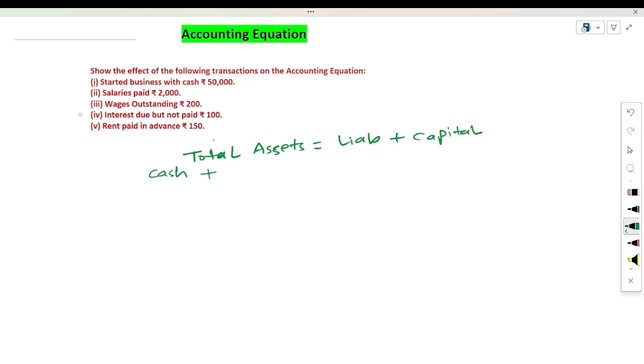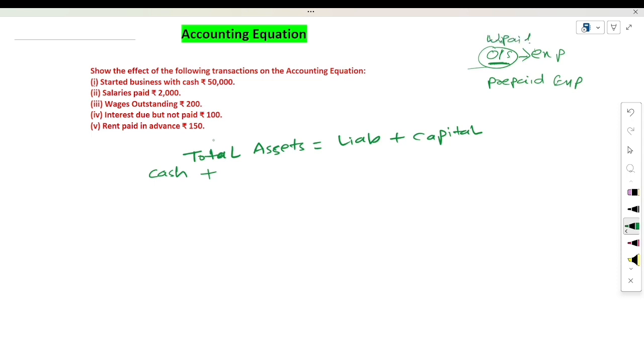Third is wages outstanding. Here you have to remember two things. First one is outstanding expense, and second one is prepaid expense, because in this question these two things will come. Outstanding means those amounts which are unpaid.